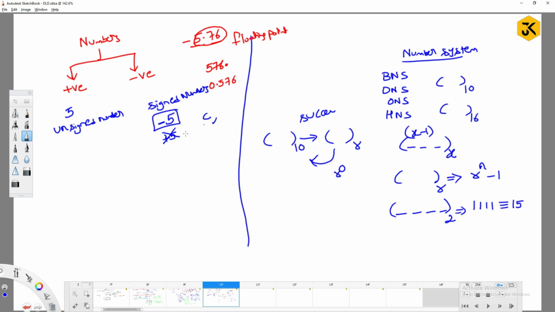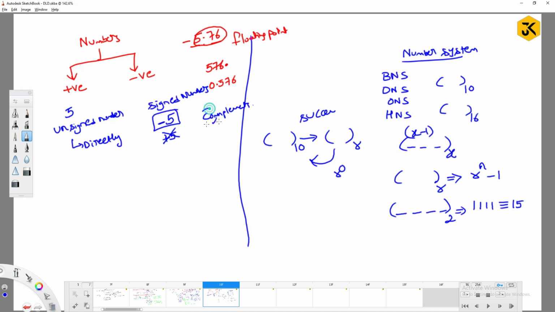All positive numbers are stored directly, whereas negative numbers are stored in the form of the complement of the actual number.